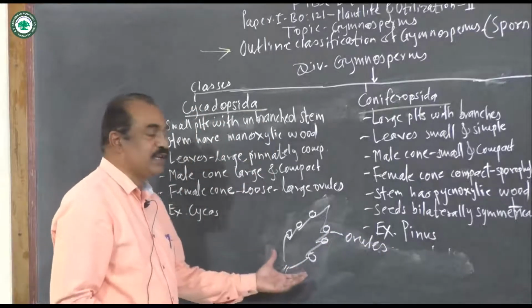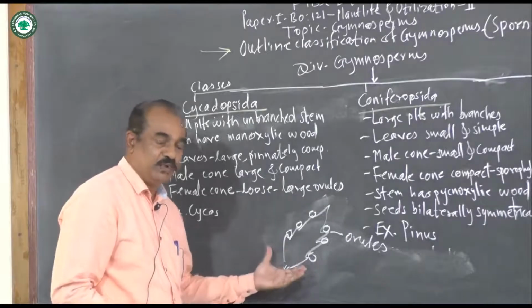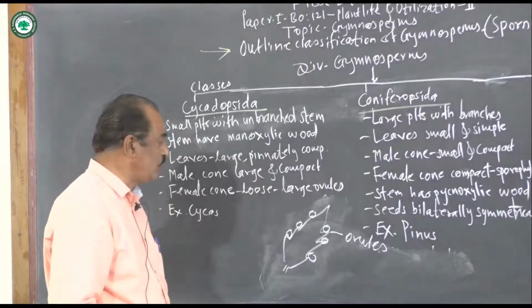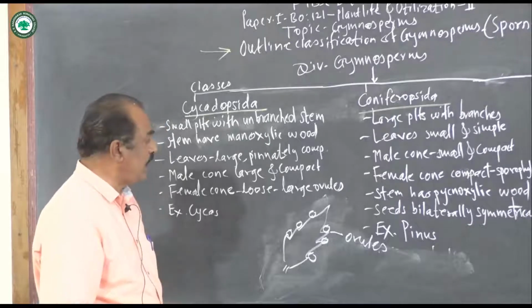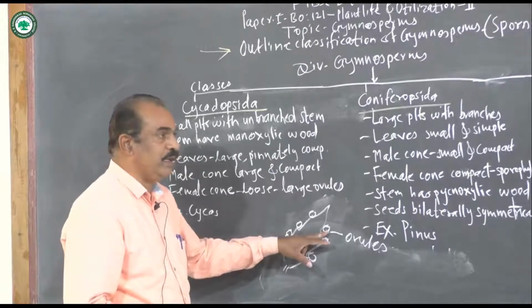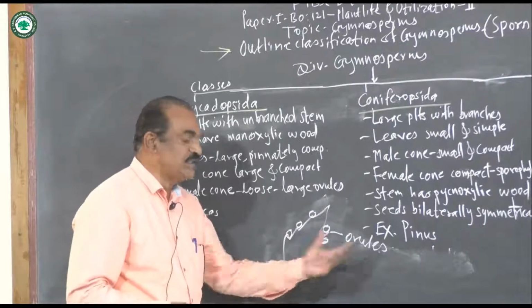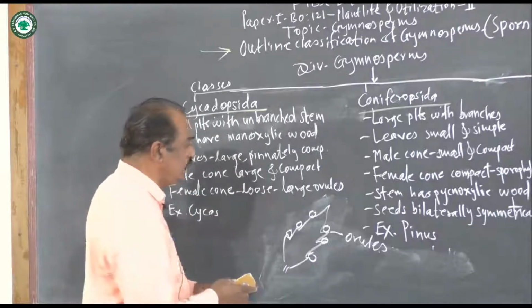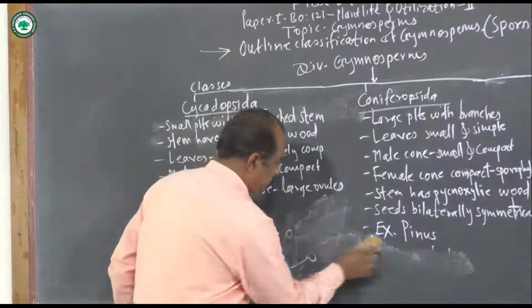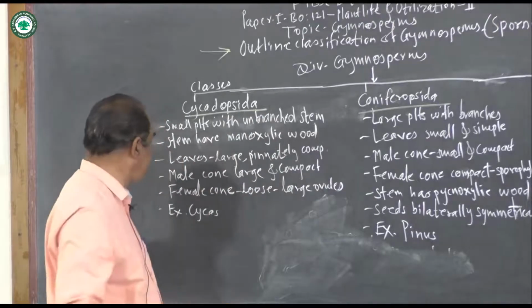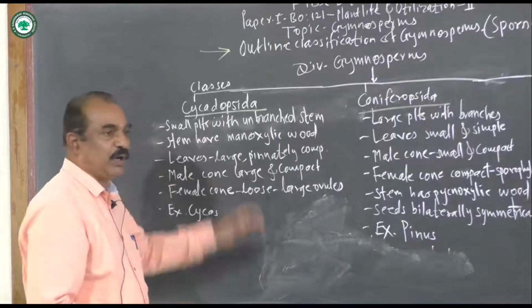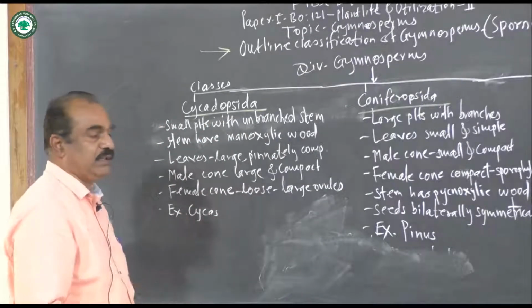This structure, the female cone, is called the megasporophyll. And here very large sized ovules are developed. So this is the female cone found in Cycas. There are a number of examples, but the best example is Cycas.